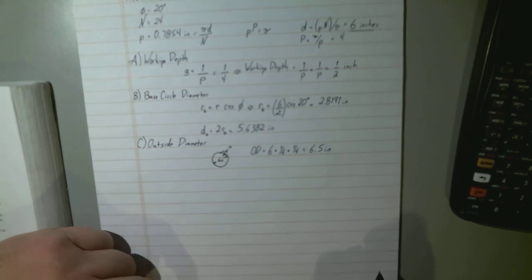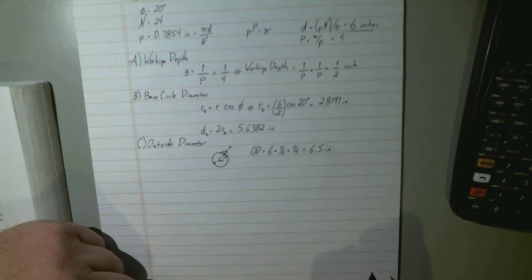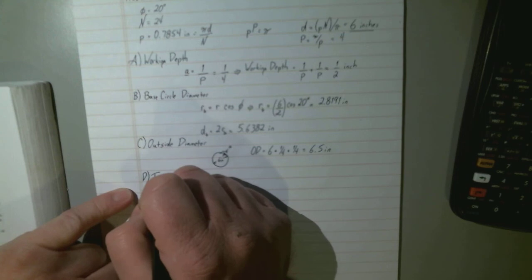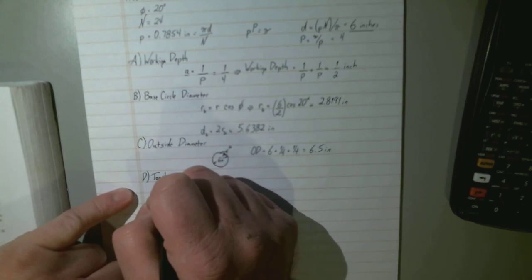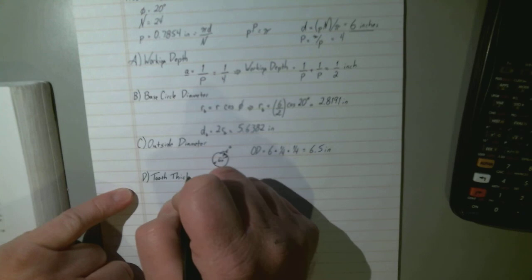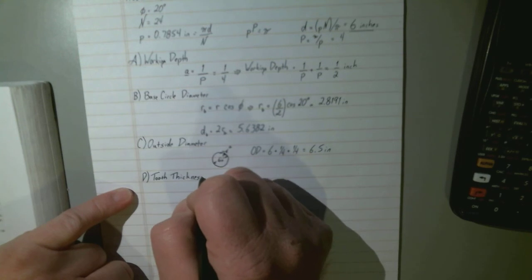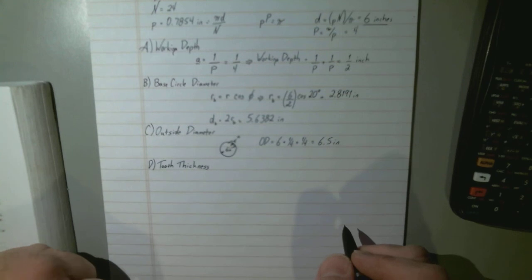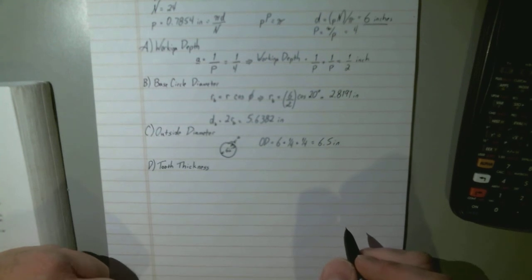Finally, we want to talk a little bit about tooth thickness. This is something that is mentioned in your book, and unfortunately your book does not give you any kind of sample problem as to how tooth thicknesses are calculated, which is a lack in the book, but does, I guess, indicate more that this is a modern book.